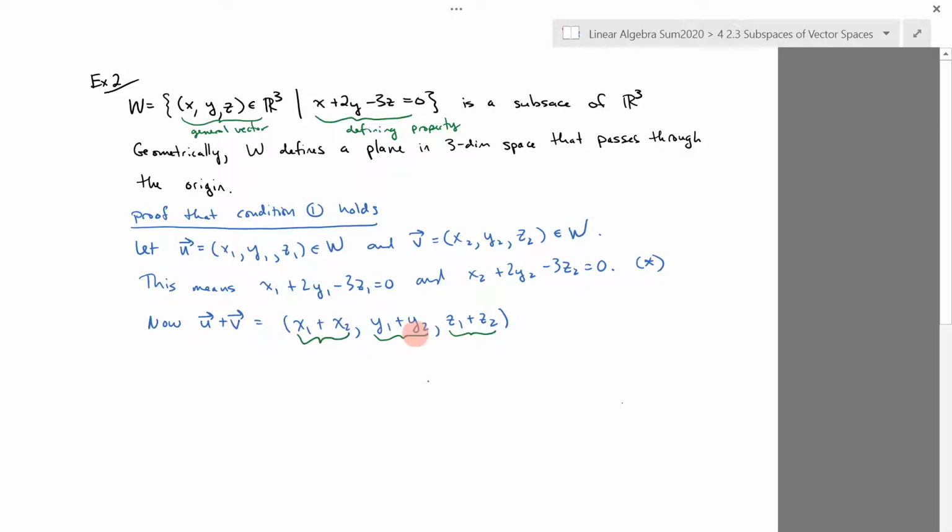Right, so these are the x, y, and z coordinates of the sum. And okay, so now we have to show that the sum is also in W, right?